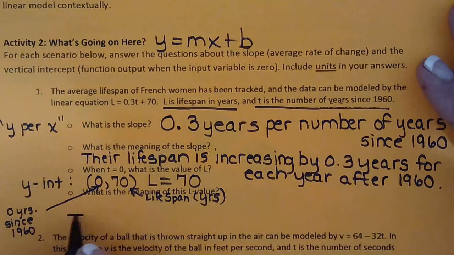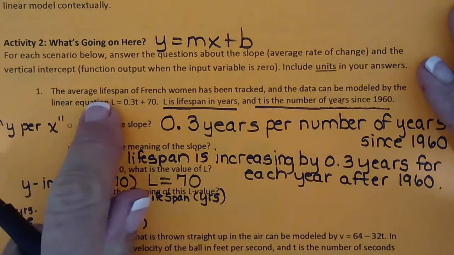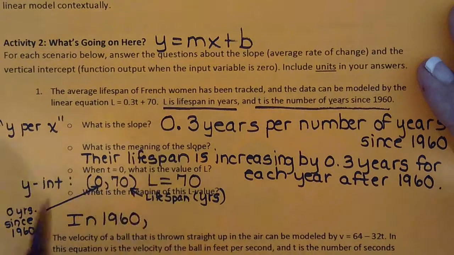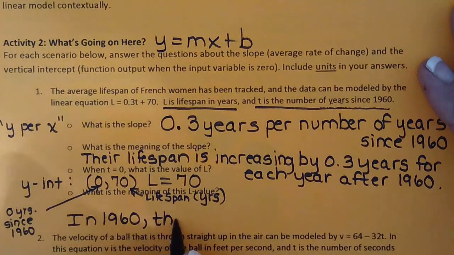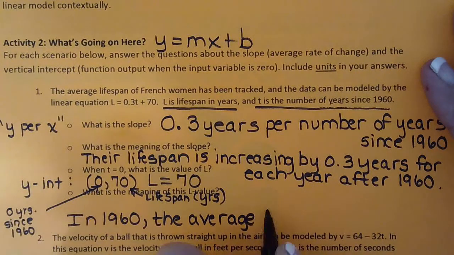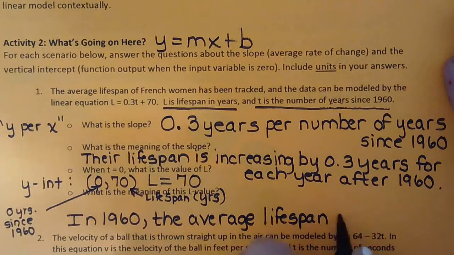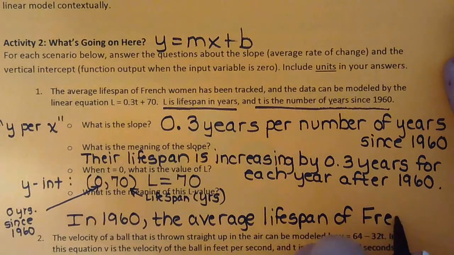So in 1960, the average lifespan of French women was 70 years.